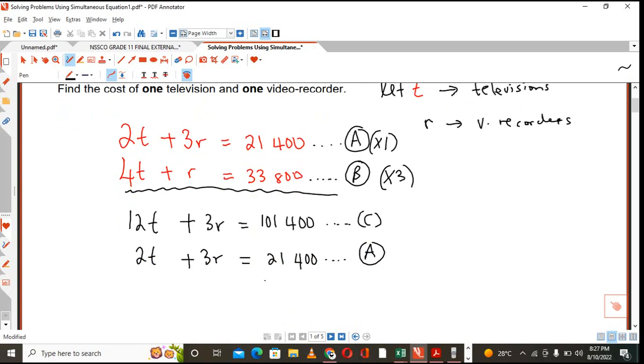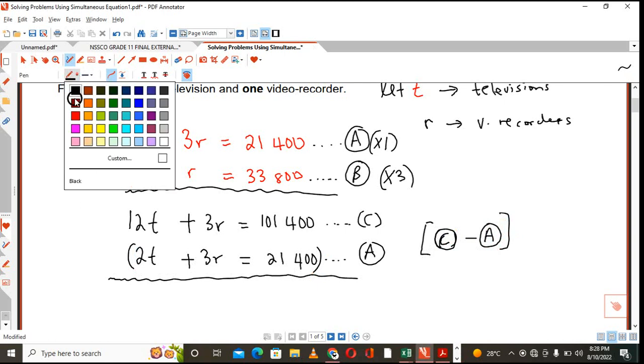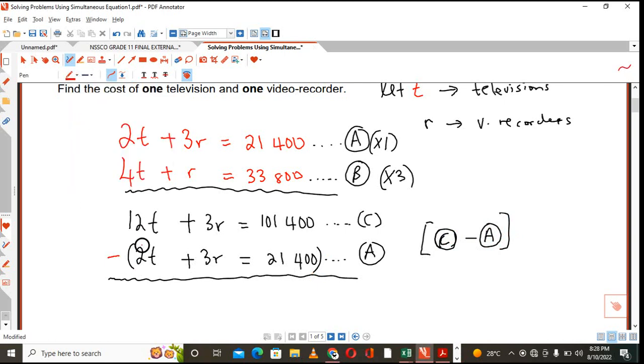Right, so I'm going to now eliminate, because I have equated one pair of coefficients, the ones for R. So I'm going to say equation C minus equation A. That is going to allow me to solve this particular question. We are going to subtract, and I'm going to put brackets and do that on the outside. For T, that will be 10T, and obviously the R will cancel.